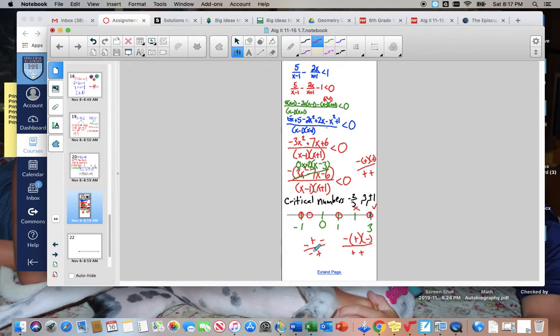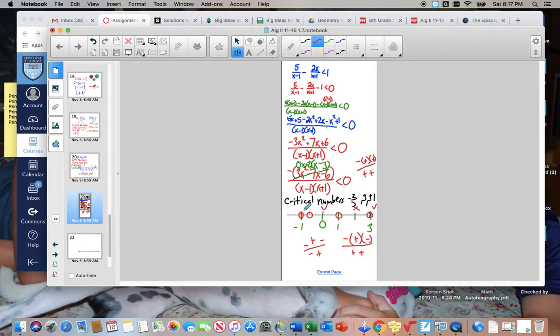So that is not going to work for us. Oh, no, let's check that one more time. So that's a positive up top divided by a negative. And then we have to realize that we want things less than 0, so that is a solution. So that is a good spot.